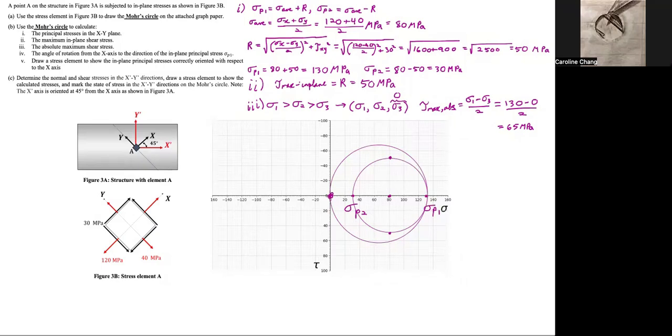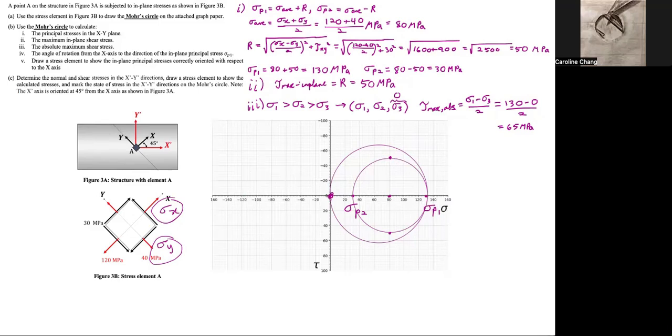Looking at our xy stress element, we see that we have a sigma y of 40 megapascals and a sigma x of 120 megapascals. So we want to graph the locations of these two values on our Mohr circle here.